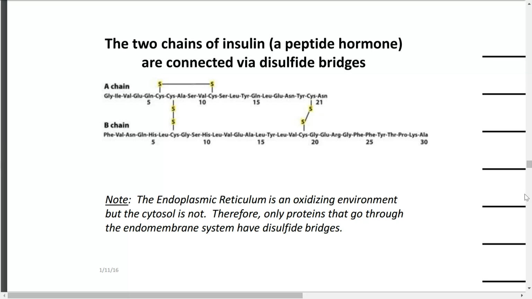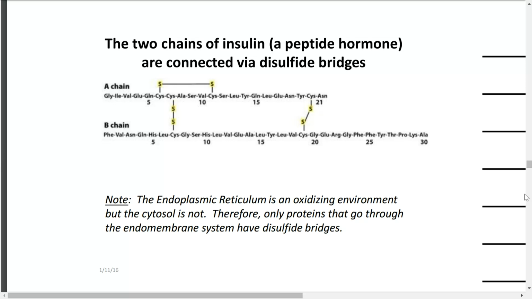Those two chains are stabilized by disulfide bonds within the A chain in one place, between those two cysteines up there, and then between these two chains, after it's processed. So it looks like there were two polypeptide chains.